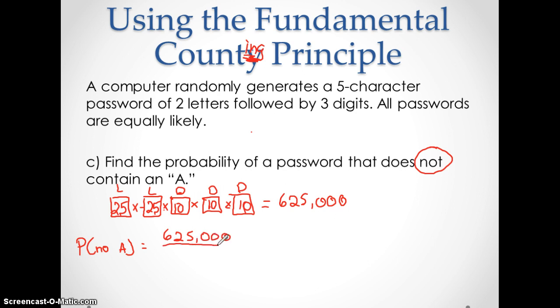We have that many passwords that do not have an A over the total, which again was 676,000. And what you're going to do, hopefully you know, is simplify. You can simplify both of these by 1,000 or just by crossing these zeros out, in which you will get 625 over 676 as your probability.